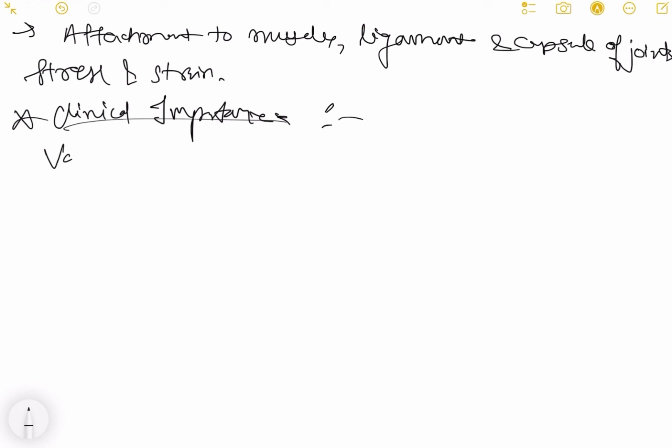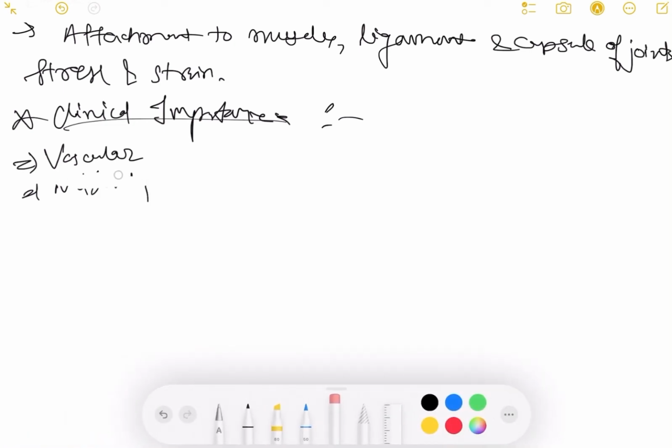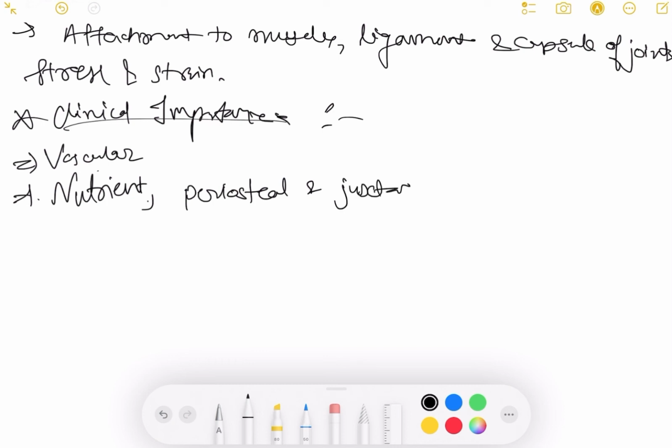Now this region is vascular, so it will have sensory organs, so there will be pain. Also it has nutrient, periosteal and juxtaepiphyseal arteries.